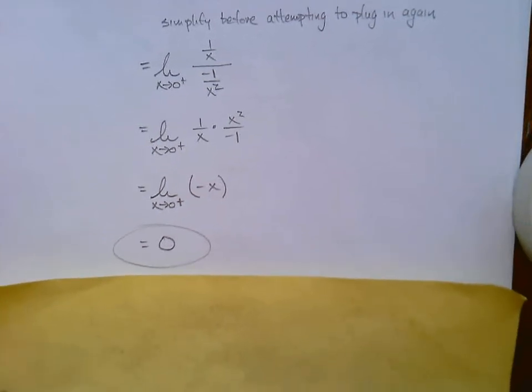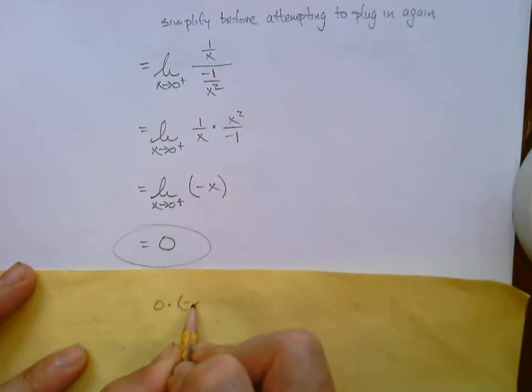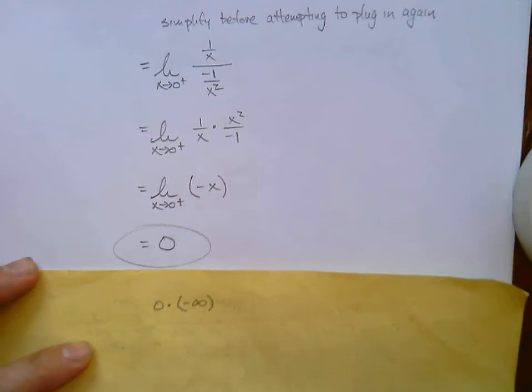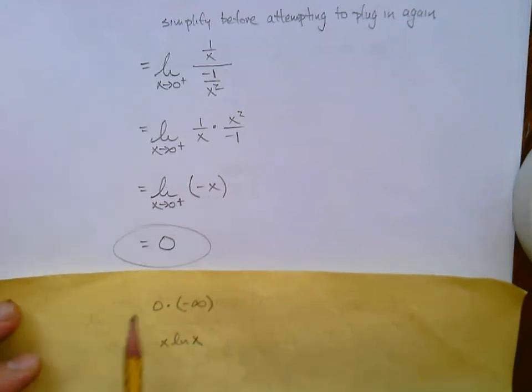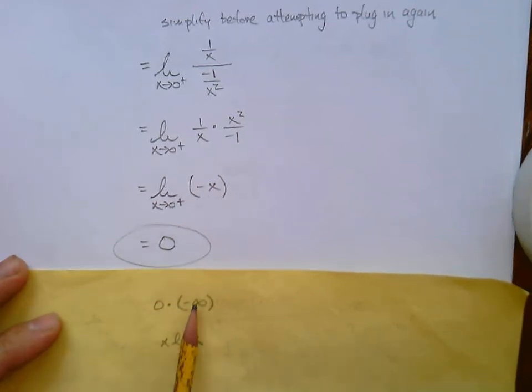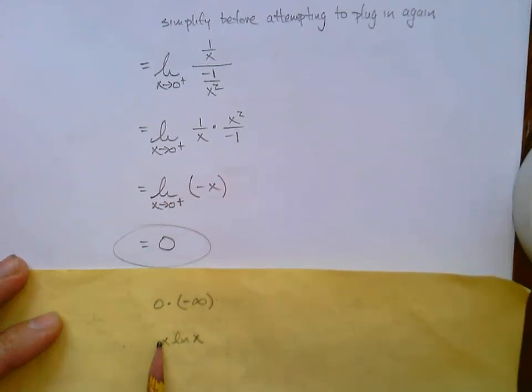Cool. Okay, then thinking back, the original indeterminate form was this, right? x natural log x. So who won the tug of war? Well, clearly the 0 won the tug of war over -infinity. And so that means this x was headed towards 0 faster than this was headed to -infinity.